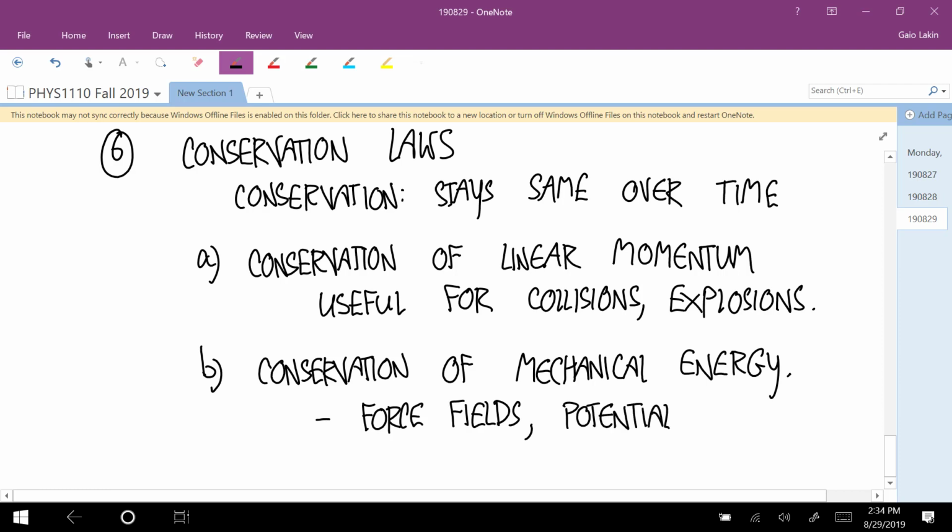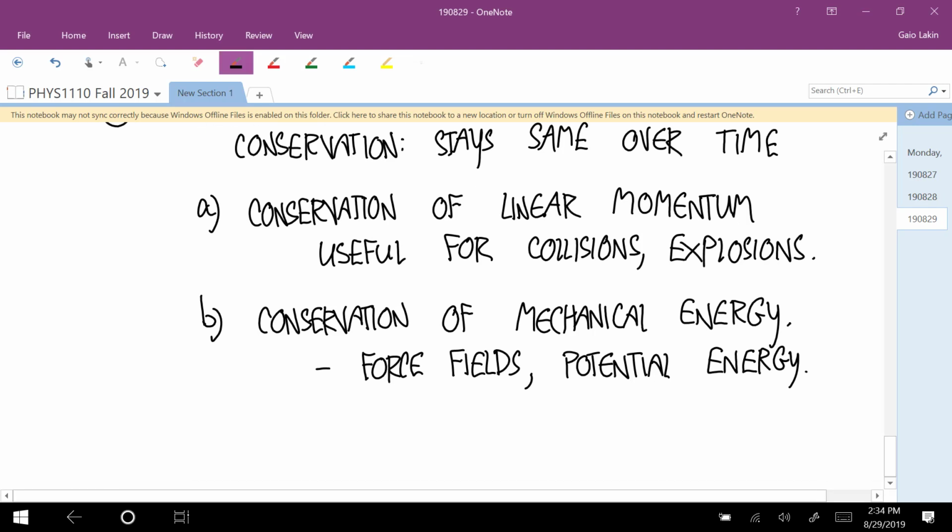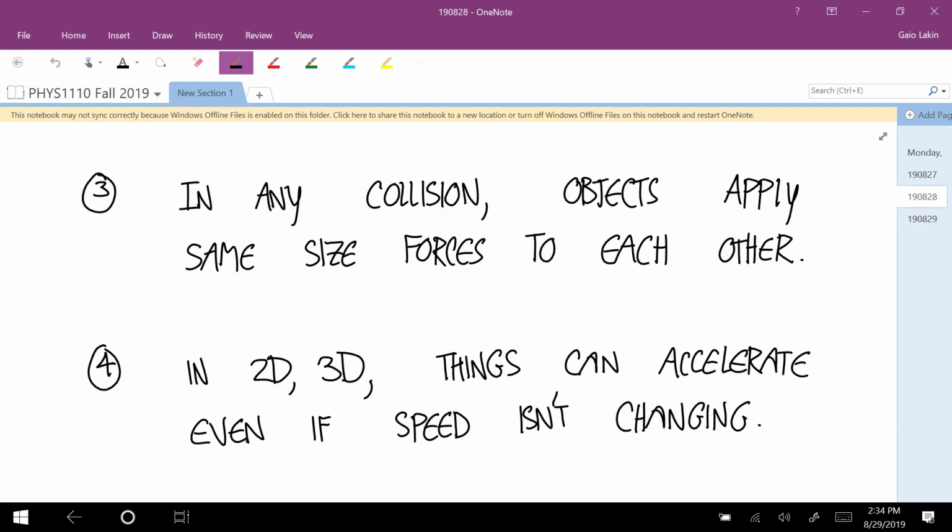So we'll talk about how to calculate potential energy. And we'll see that conservation of mechanical energy is usually going to be useful when you're trying to find a relationship between an object's position and its speed.